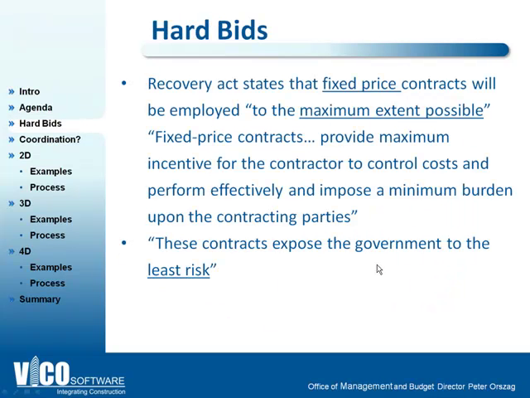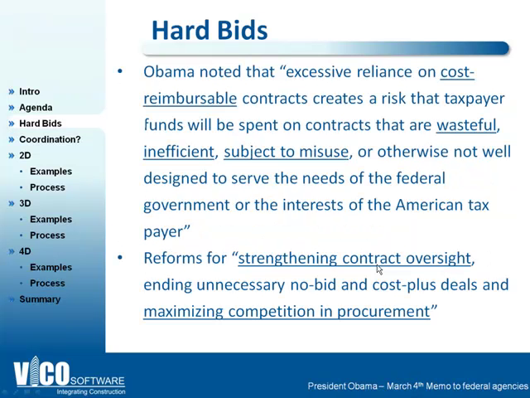A couple of quotes about how the recovery money is being spent. Fixed price contracts are to be employed to the maximum extent possible, and the reason behind this is to supposedly expose the government to less risk. Whether you agree or not with the current administration, we're all players in this hard bid reality, and we're contracting under these conditions.